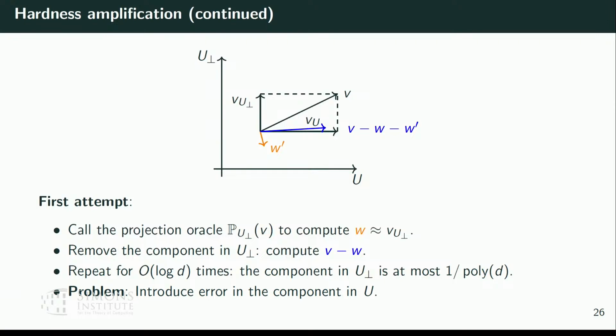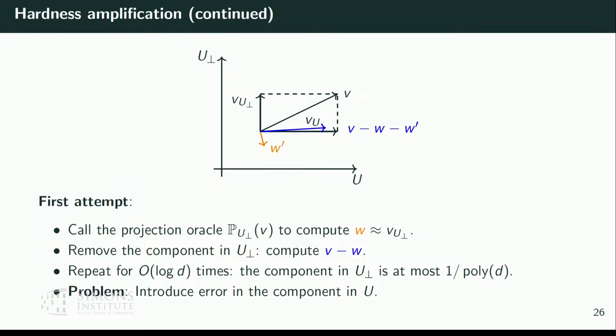But there's a small problem with this first attempt. The problem is that when we're using this oracle to compute some W that approximates the component in the orthogonal space, it will introduce error in both directions. It will introduce error both in this orthogonal space and also in the space U that we care about. So in the end, we will get some vector that is almost completely inside U, but this vector will have some error that's more than polynomial. It will have some pretty large error, and we need to remove that error.